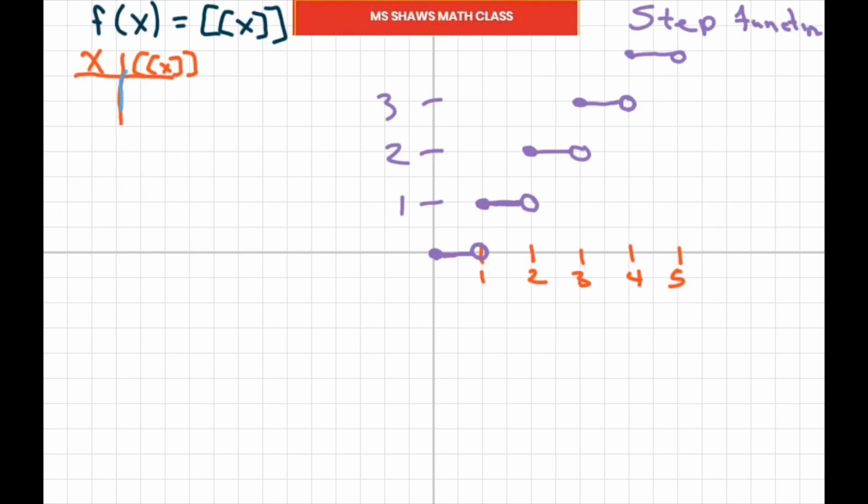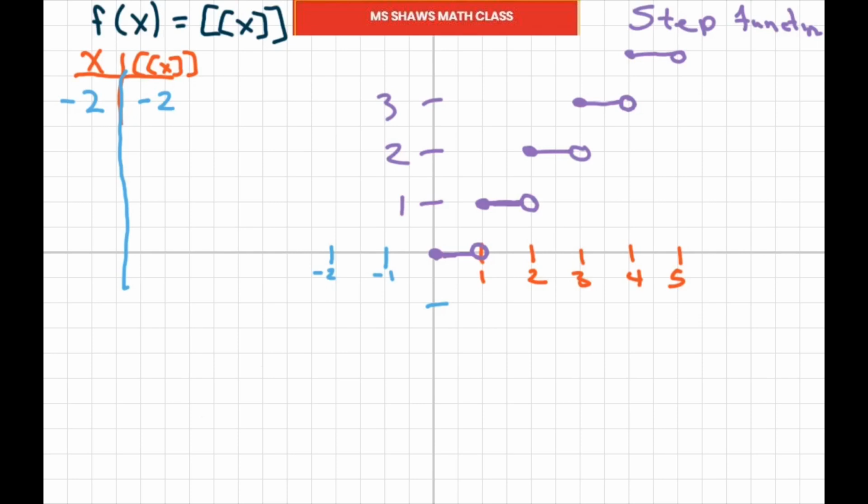So remember, when you're doing this, you round down. If I plug in -2, that maps to -2. So here we go, -1, -2. So -2 maps to -2.